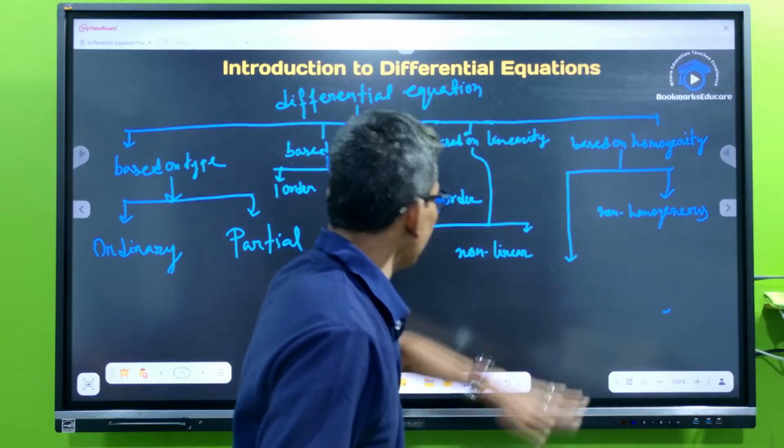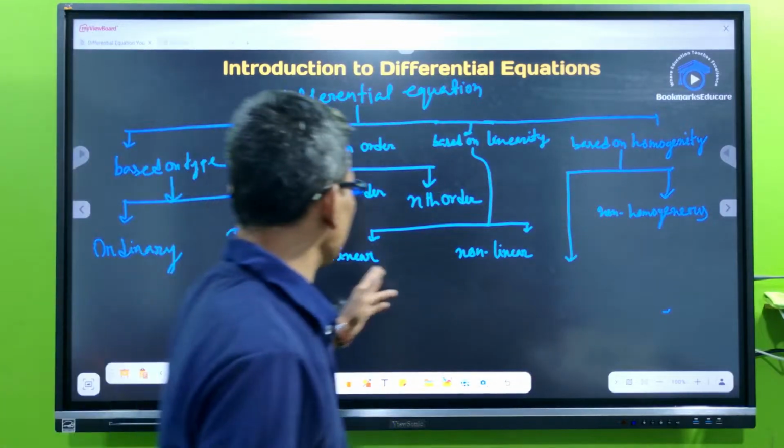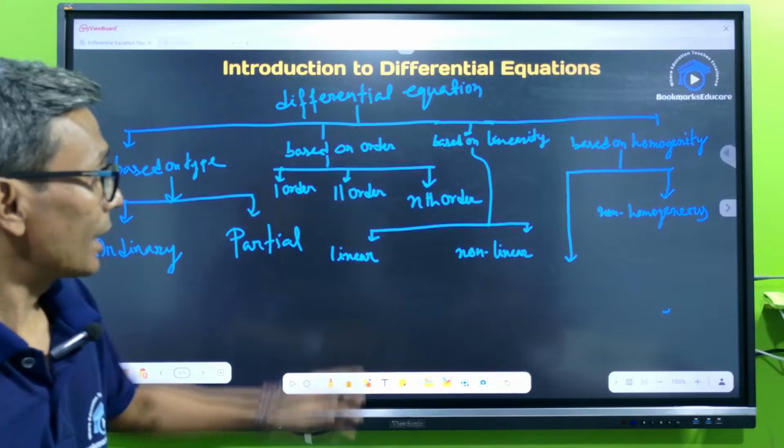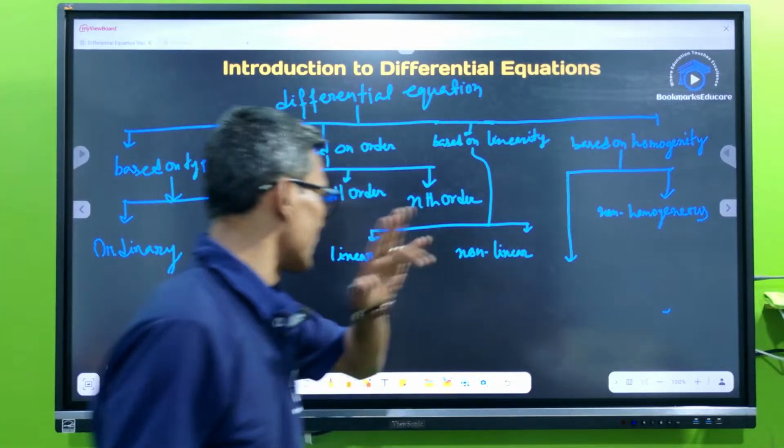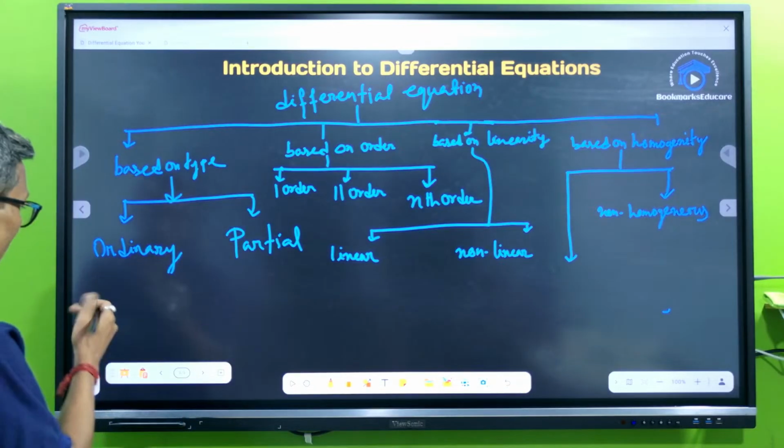Based on linearity, there are two types of differential equation. One is linear and another is non-linear. What is linear differential equation?